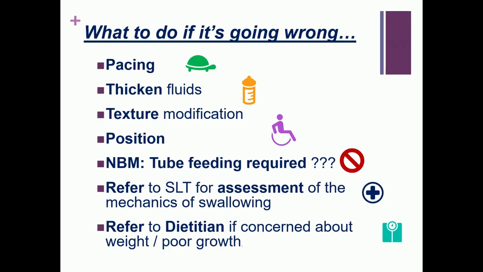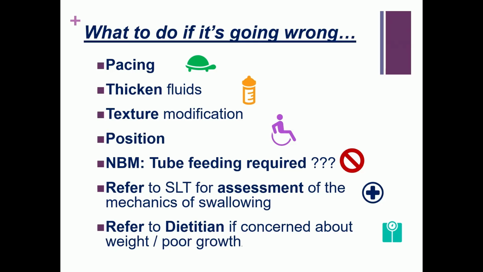Now, NBM, that's nil by mouth. So very, very occasionally, if we really are worried that they have had repeat chest infections, that they're just not managing food and drink, we may suggest tube feeding. They may have started with tube feeding when they were first born, and then the tubes come out, but then it has to go back in again. And it really is a really difficult decision.